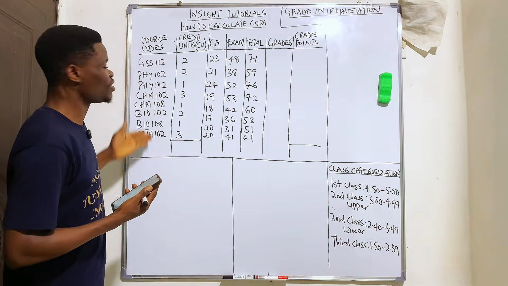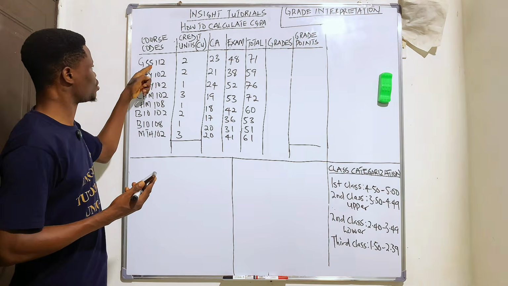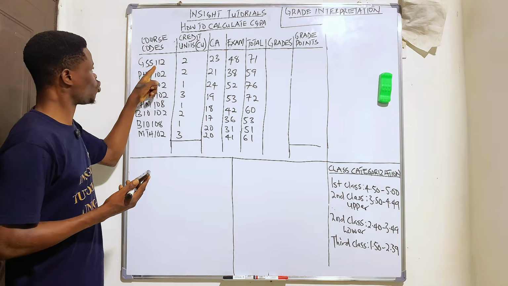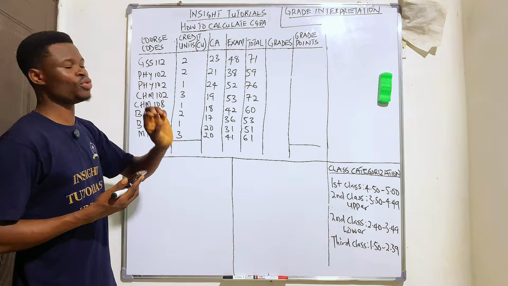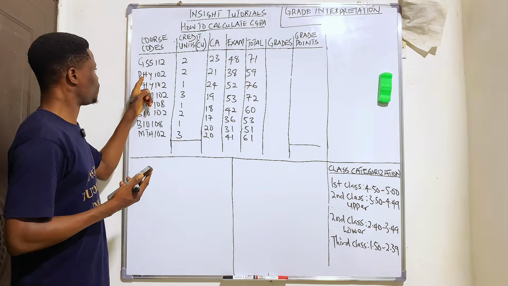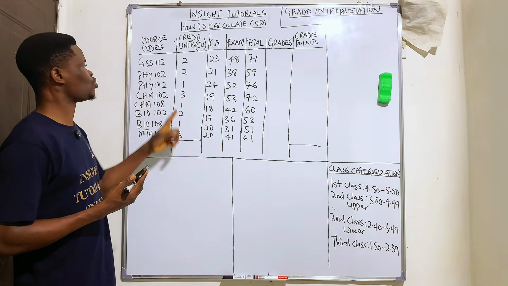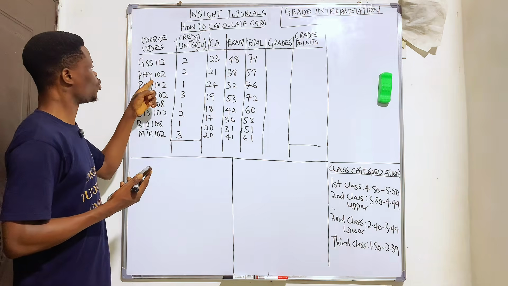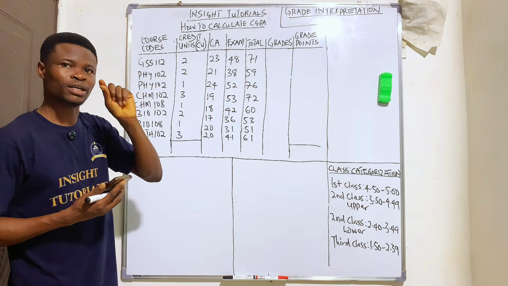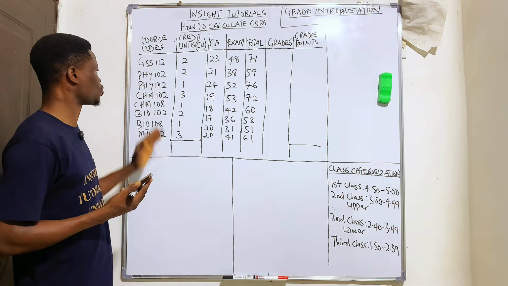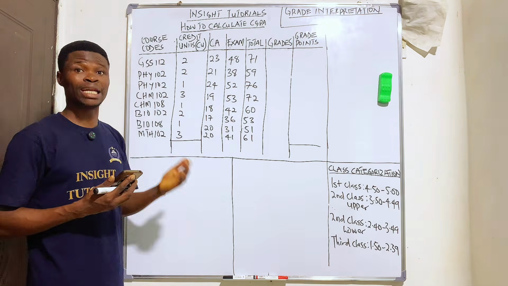This GST112 implies the student is in 100 level, and the rest is a unique code for this GST. Physics, this is PHY 102. The 1 means it's 100 level, and 02 is a unique name attached to that particular course. So this is how the course codings are done.